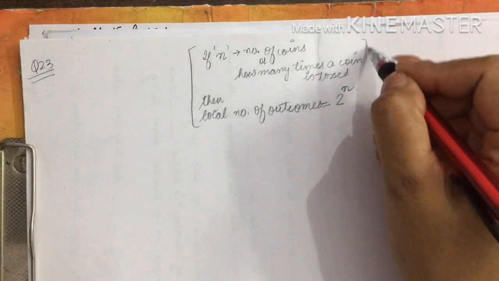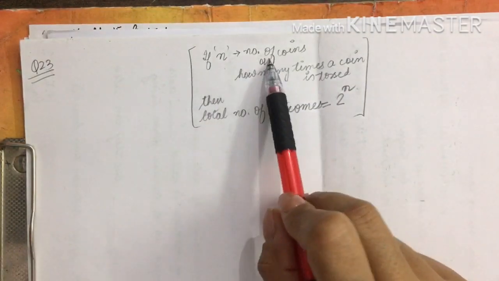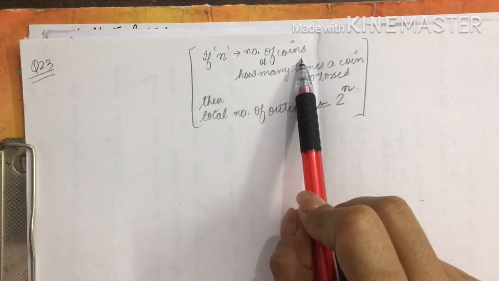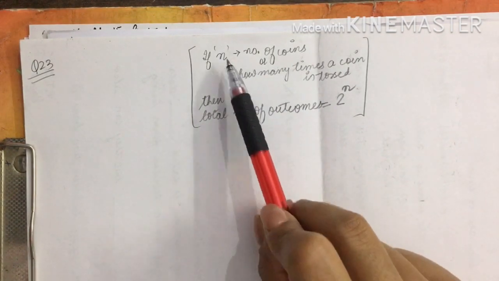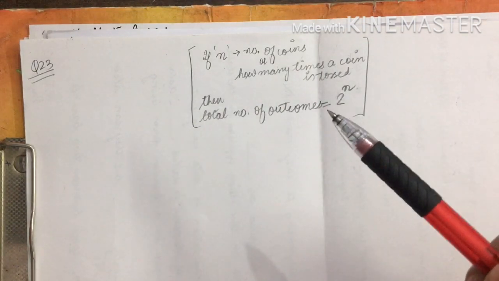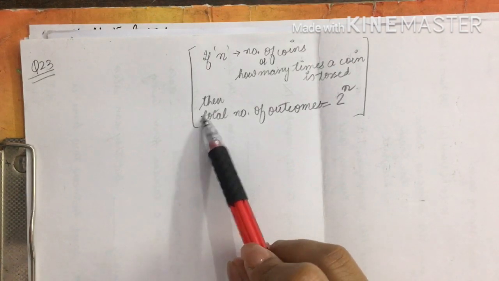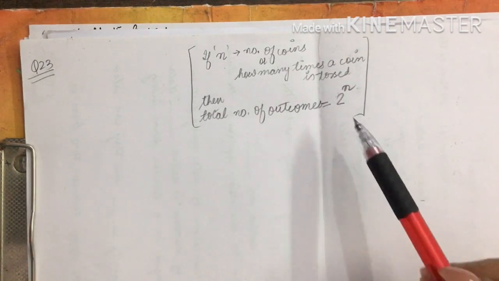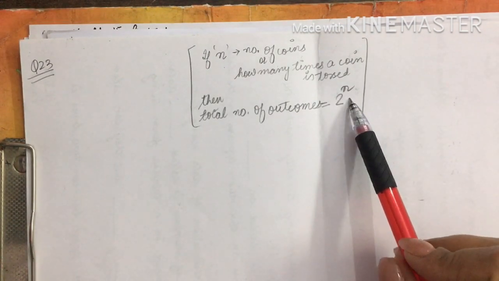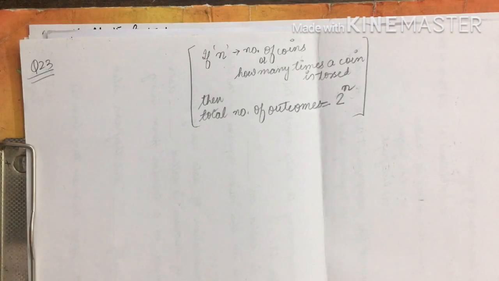So this is something you want to remember. If n represents the number of coins being tossed together, or how many times a single coin has been tossed, then if we want to know how many possible outcomes there will be, the answer will be given by 2 raised to the power n. And we want to know how many outcomes will be there before we actually start to list those outcomes.